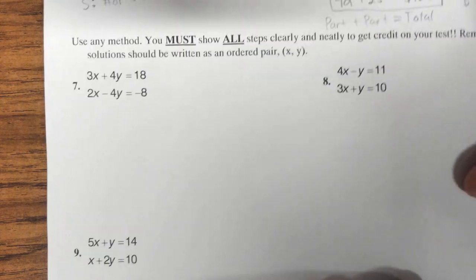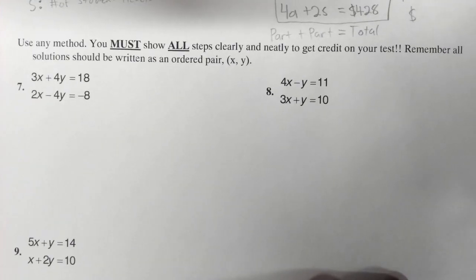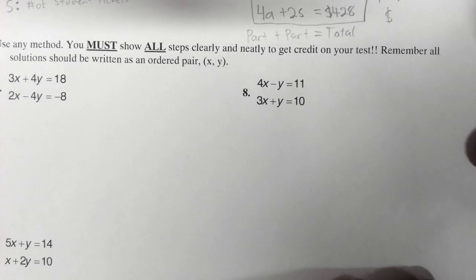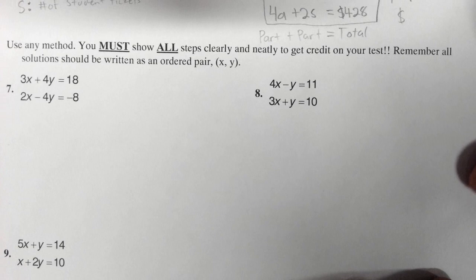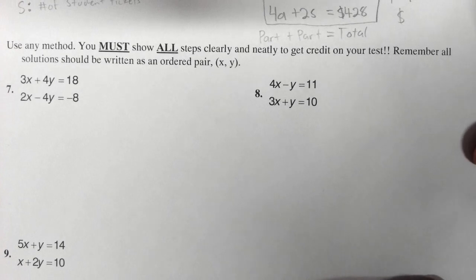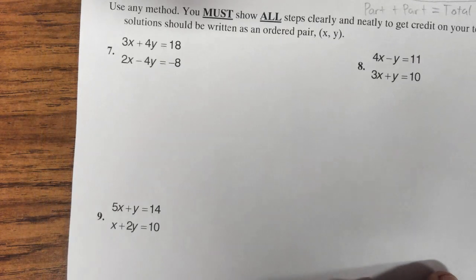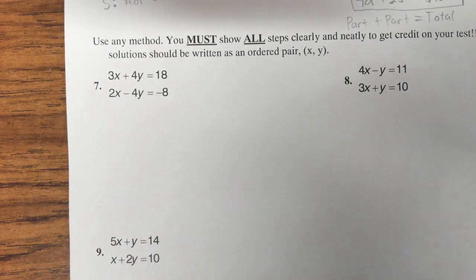All right, 7, 8, 9, and 10. Use any method. You must show all steps clearly and neatly to get credit on your test. Remember, all solutions should be written as an ordered pair, x, comma, y. Okay, so now they give us the option. You can solve these any way you want. This is kind of what we're talking about on Wednesday, which is something called best method.